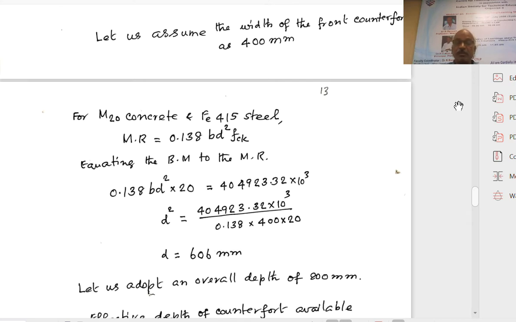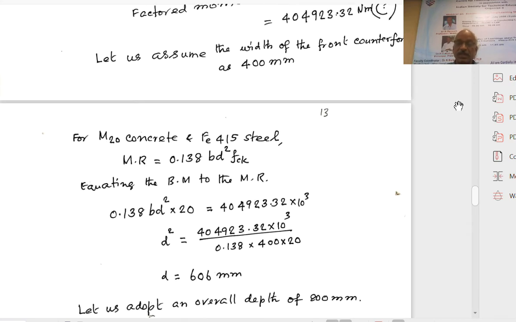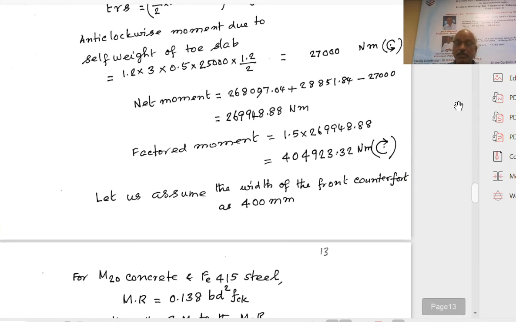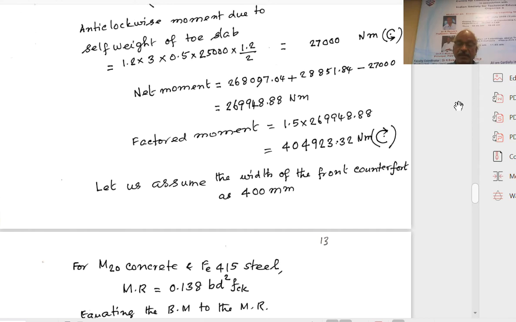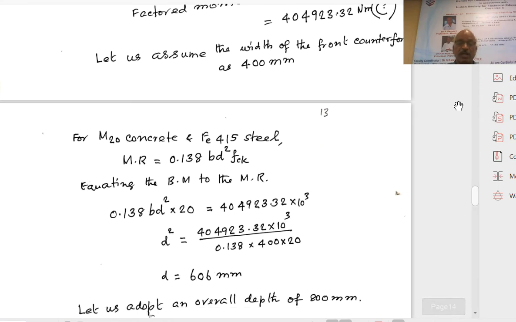So equating the bending moment to the moment of resistance, you have to multiply the moment by the partial safety factor, 1.5 times the moment, that is equal to 404923.32, right?